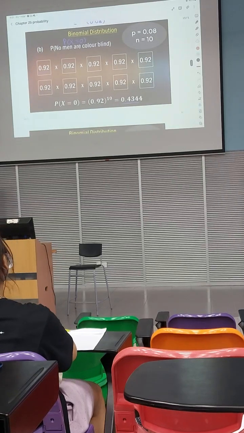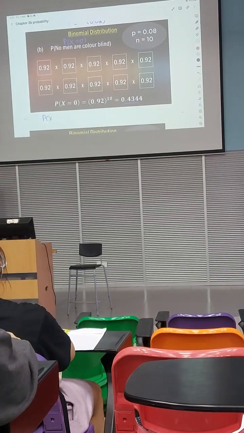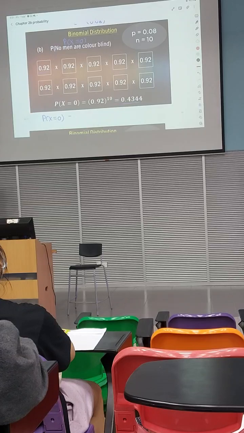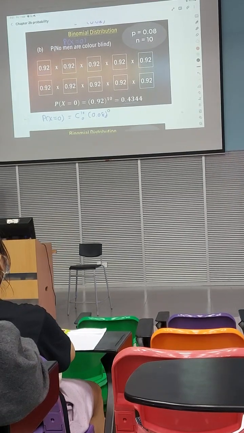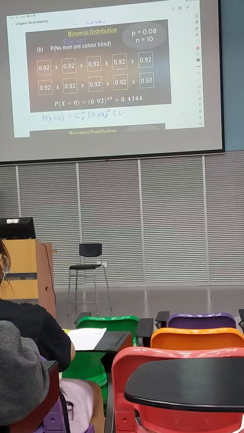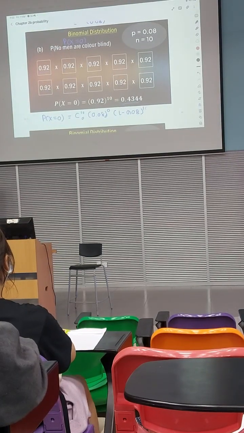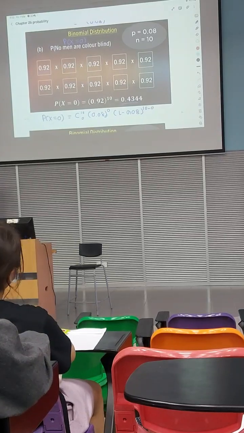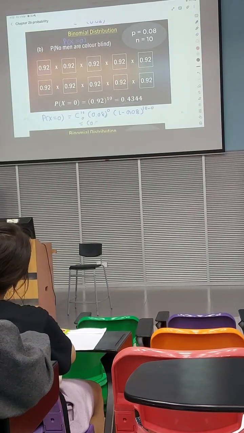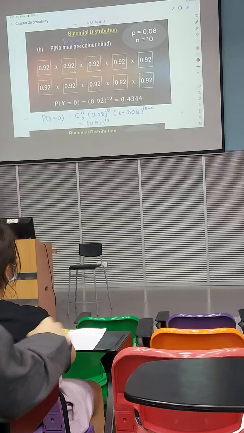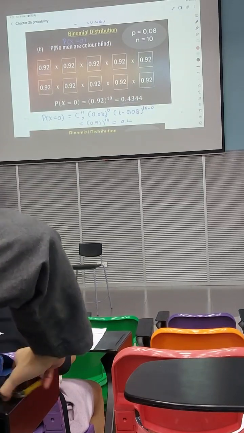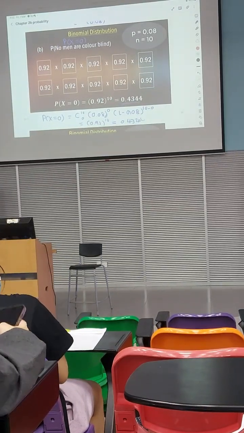If by using the formula, it is written in this form: P(x equals 0) equals 10 choose 0, times 0.08 to the power of x, which is 0, times 1 minus 0.08 to the power of 10 minus 0. That is why you have 0.92 to the power of 10, hence you get 0.4344.